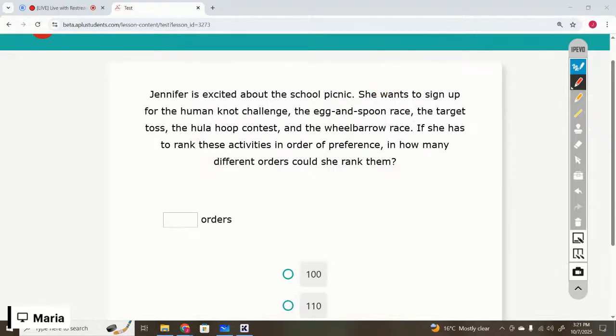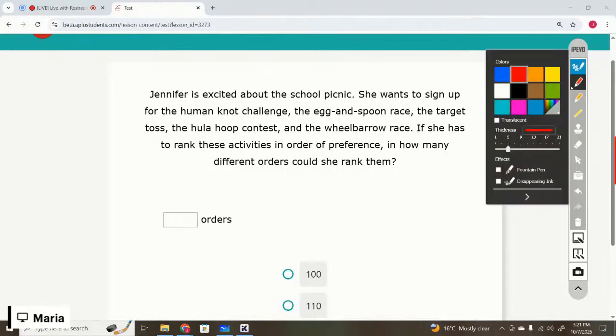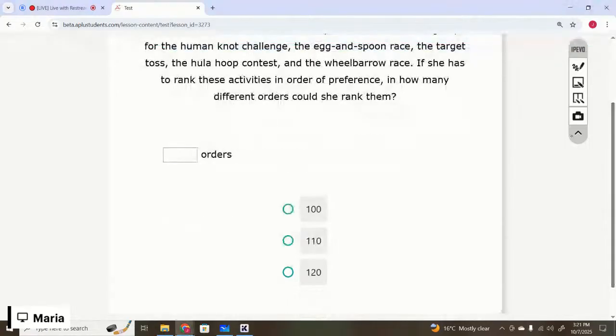So five factorial is 120. Option number three is the correct option.